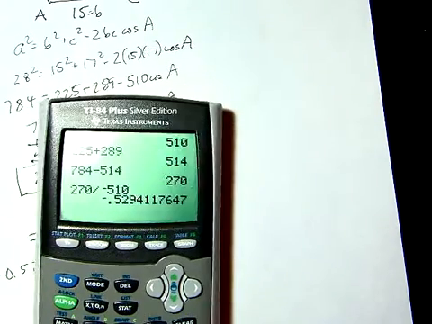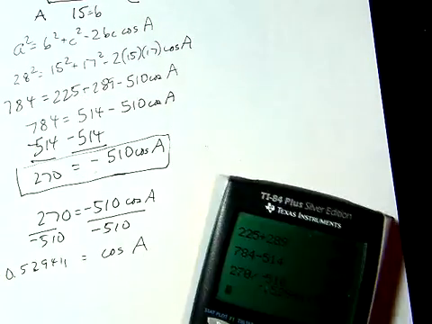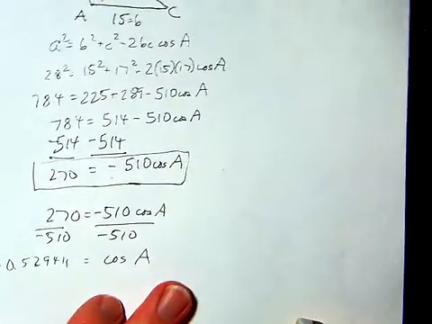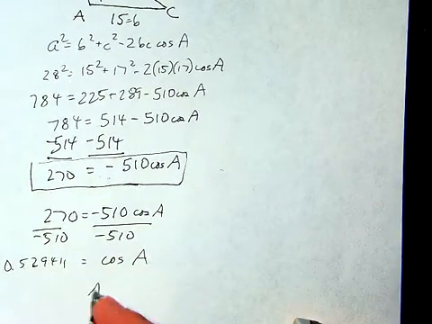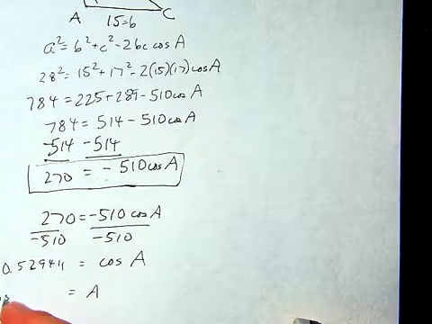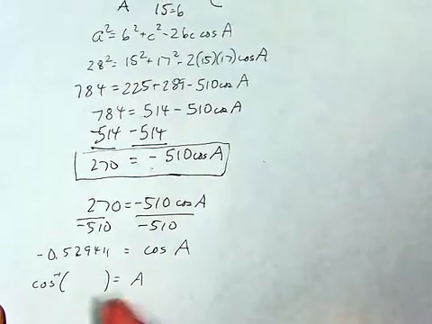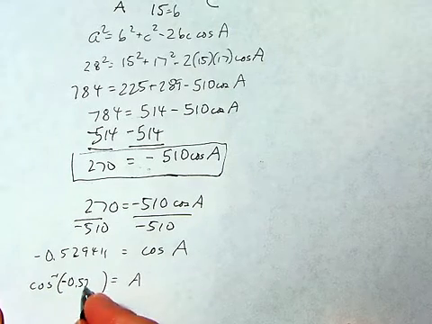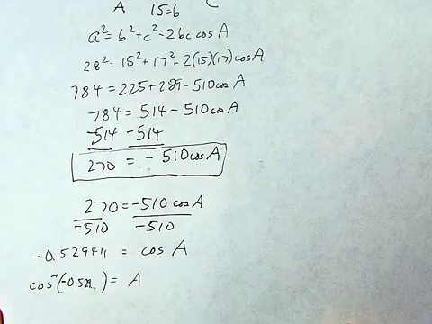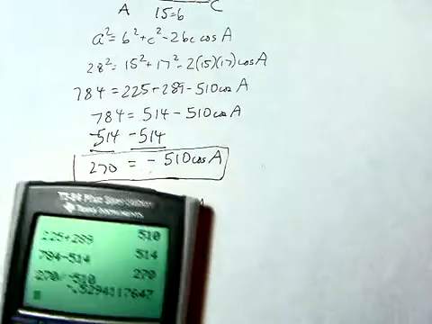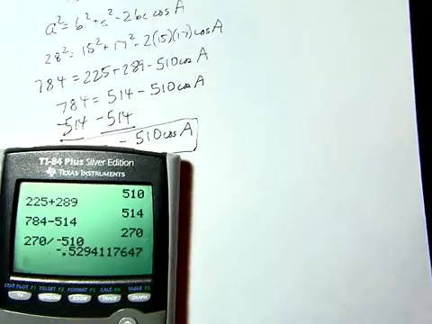I do not want to round off yet. Remember, that's the cosine of A. So in order to find A, I have to set A equal to the inverse cosine of that number. That is going to be the inverse cosine of negative 0.529... So now I'm going to go ahead and find the inverse cosine of this number.